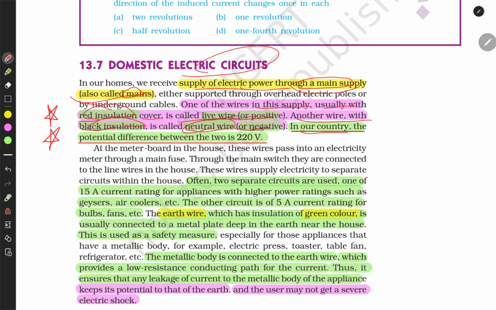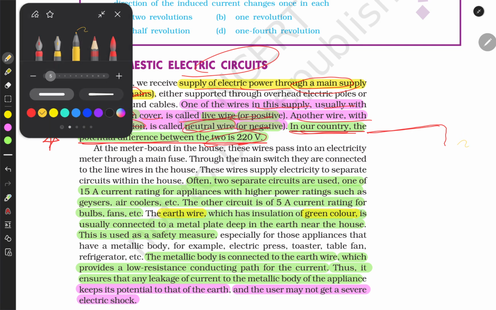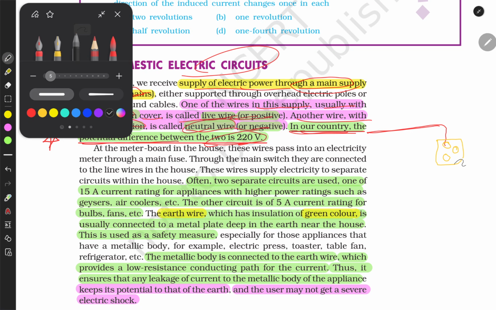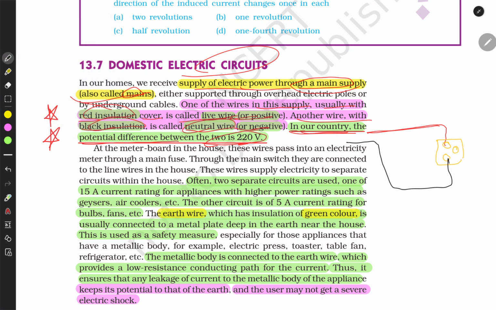When we receive it in our homes, in our country, the potential difference between these two wires is 220 volts. So this is a red wire, it's coming to our switch, and let me draw this. This is a switch here. The red wire will come, and the black wire will go this way.